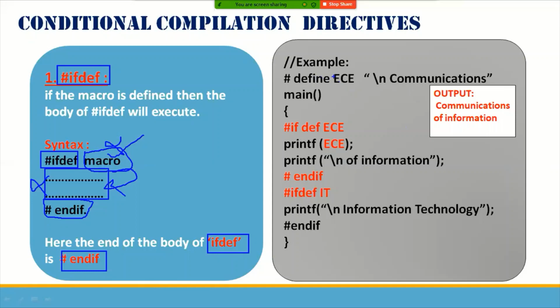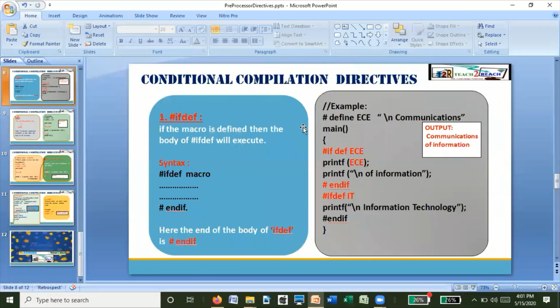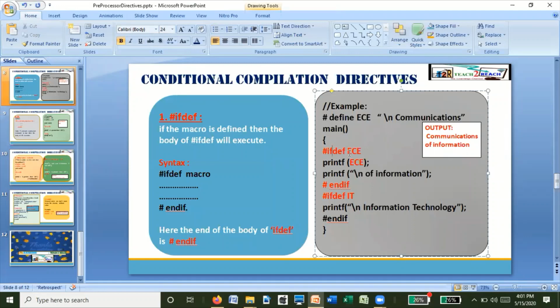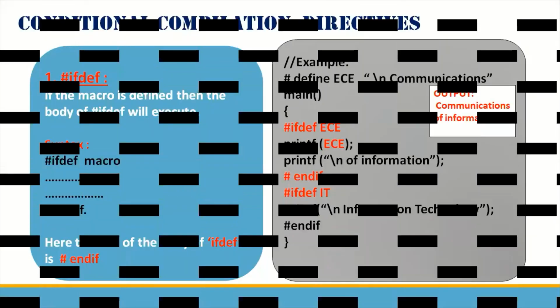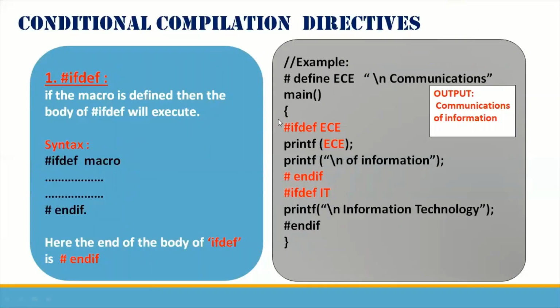Example: here one macro is defined, the macro symbol is ECE and its constant value is communications. Then I am checking whether ECE is defined or not with the help of ifdef. Here in ifdef, there is no space in between if and def. So #ifdef ECE: yes, the ECE macro is defined, so it's true.